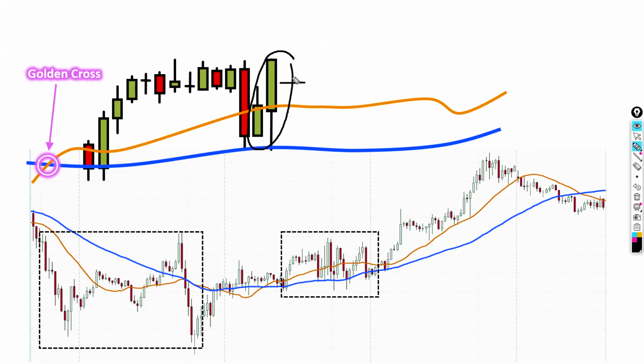A lot of people think, oh, now it looks like the price is going to go up later, so they place their buy orders too. When the candle is that huge, they do not have much room to place their stop losses below here, which gives them a very bad risk-to-reward ratio.